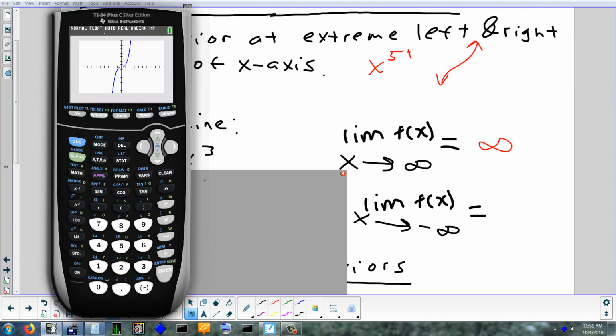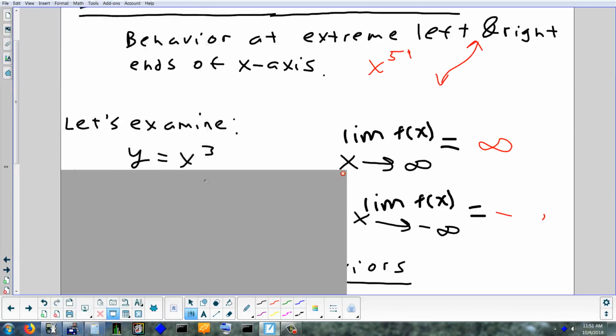It would have to be more of a U shape. Negative infinity, yeah. So what's happening to the y value as x gets more and more negative? We're getting closer to negative infinity.